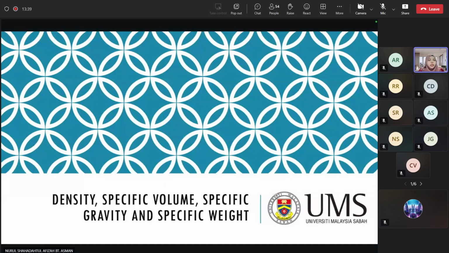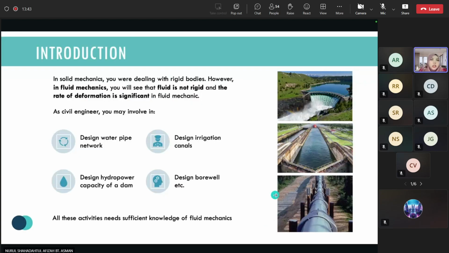For density, specific volume, specific gravity, and specific weight, I showed in our previous lecture that in solid mechanics you are dealing with a rigid body. In fluid mechanics, fluid is not rigid and the rate of deformation is significant.